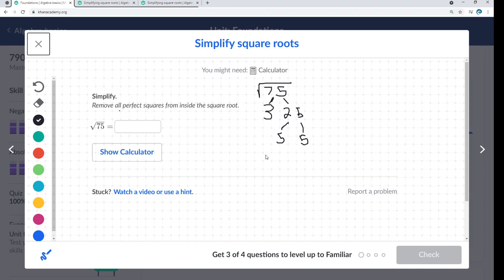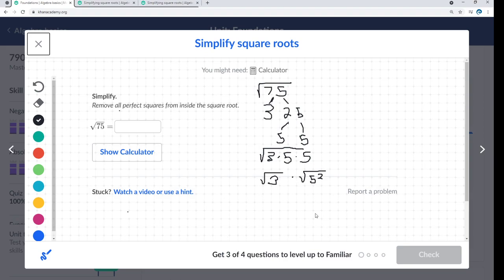So then this becomes the square root of 3 times 5 times 5. Right, which I'm guessing we can turn into 3 times the square root of 5 to the second power.